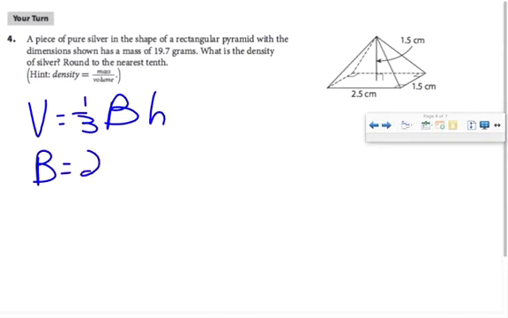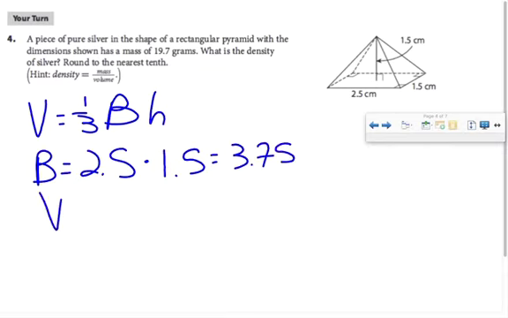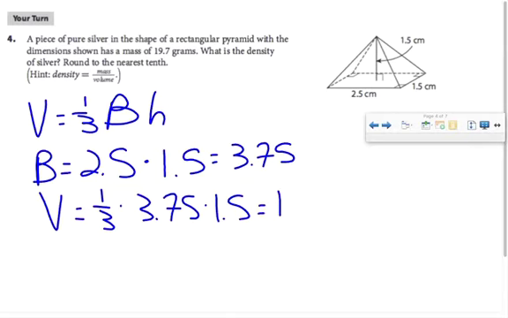Base area is 2.5 times 1.5, which in my calculator is 3.75. So volume is 1/3 times 3.75 times my height of 1.5, which is 1.875.